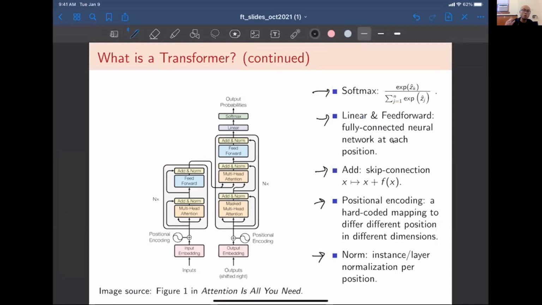No one changed a single one of these components until last year. Everyone was just using them, because, like I said earlier, removing a single component will cause the model to degrade hugely, for example in a simple translation task.